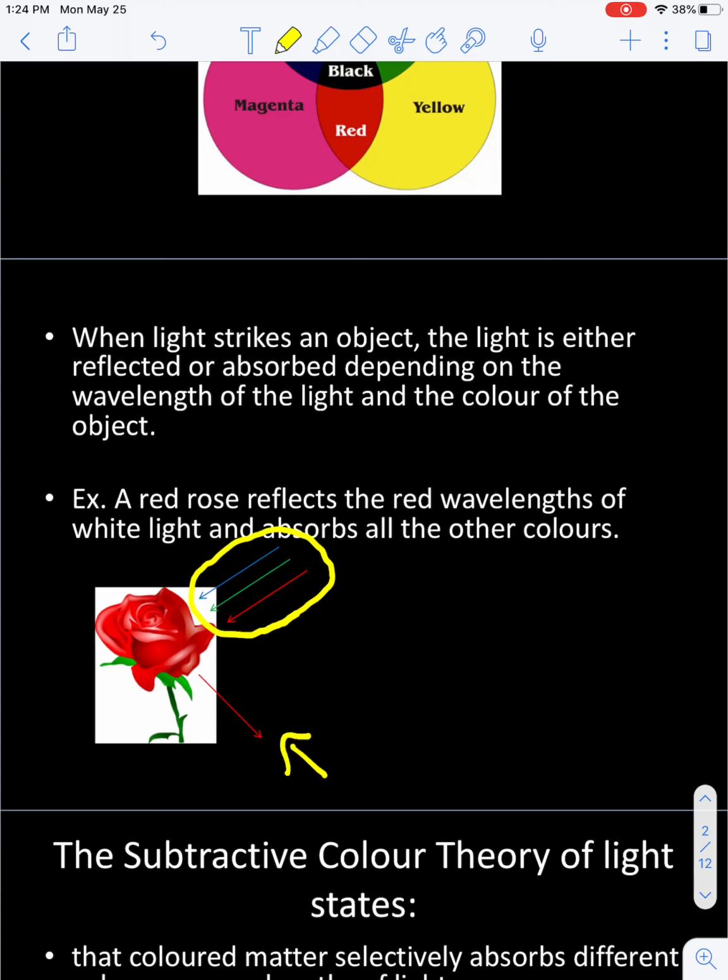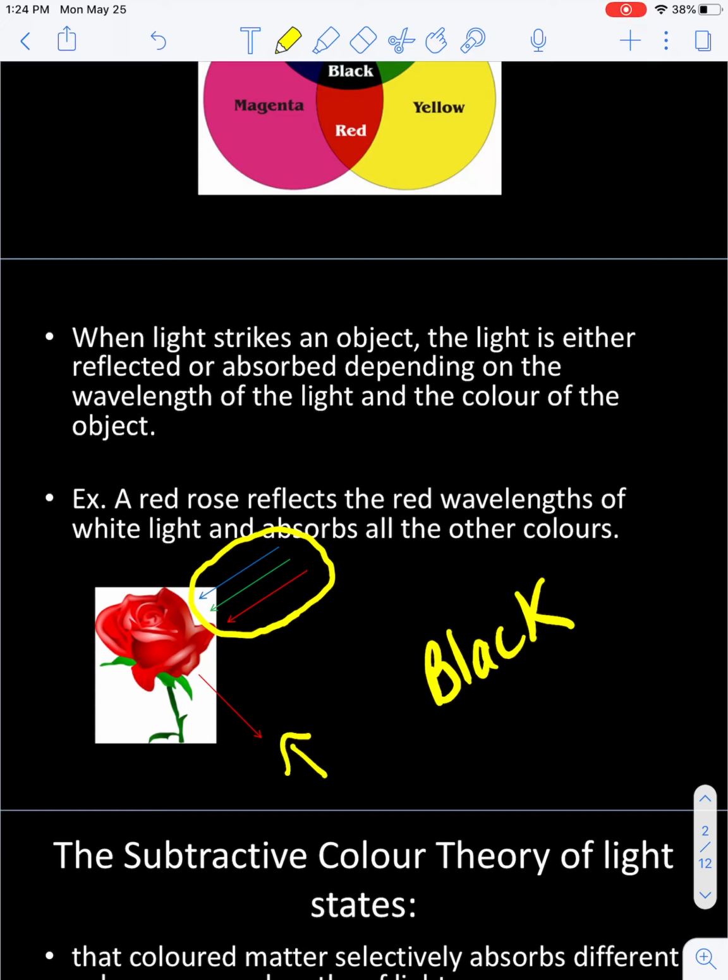What color would a red rose look if green light only was bouncing off of it or being absorbed by it? You have to think about that. If we just shone a green light onto a red rose, what color would we perceive that rose? And the answer to that is it would look black. And the reason for that is there would be no light rays reflected off of it.